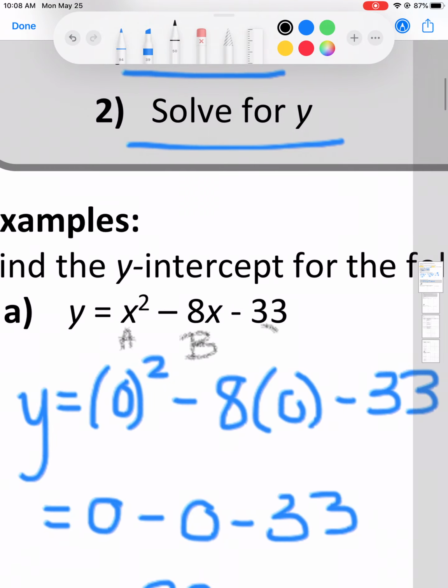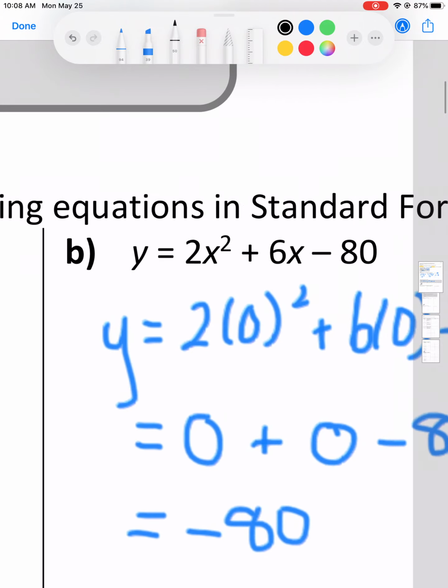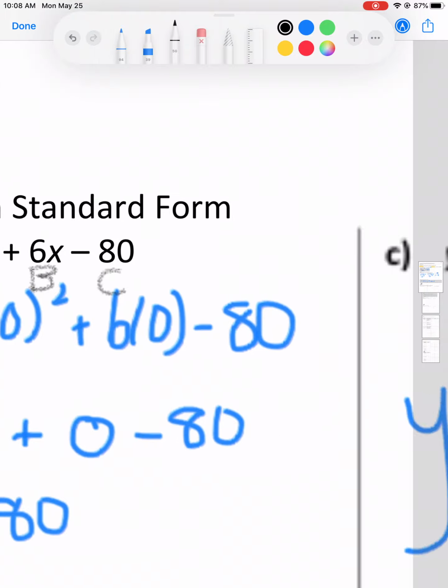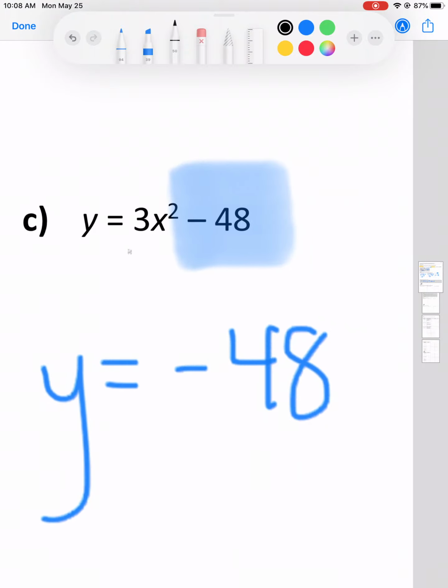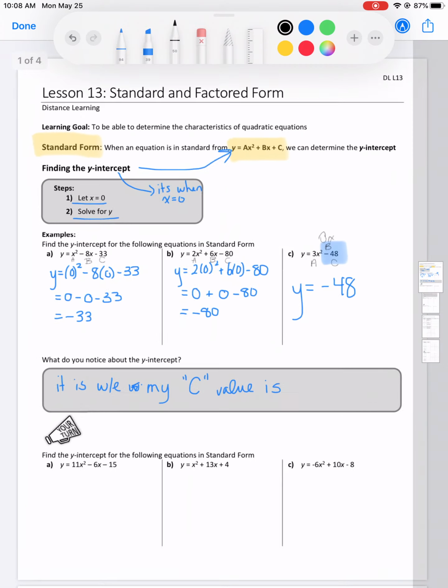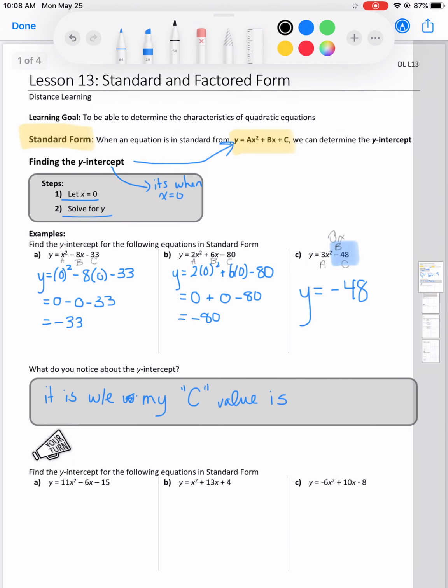A, B, C. A, now our B is technically 0x, so we're not even going to write that in. C. Okay? So that's what our y-intercept is every time. So whenever you look at something in standard form and you look at whatever our c value is, that's our y-intercept. Okay?